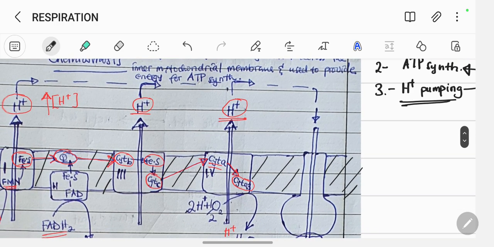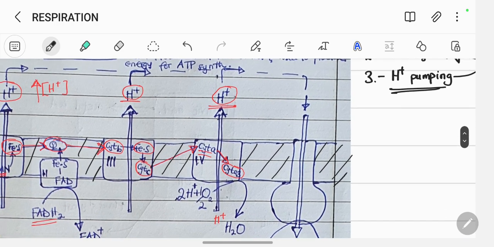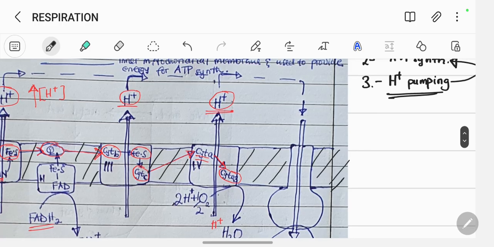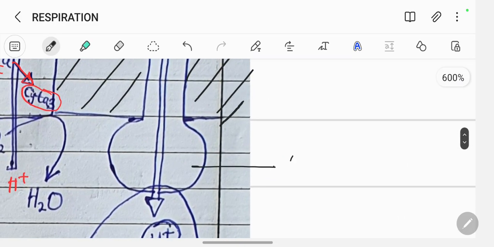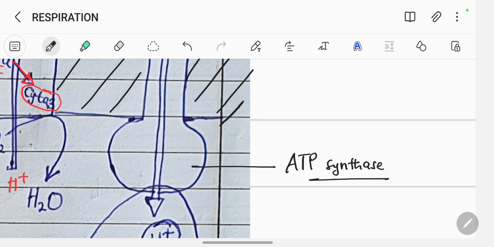So the only place that is permeable to hydrogen is through this stalked granule, which is an enzyme. It's called our ATP synthase.